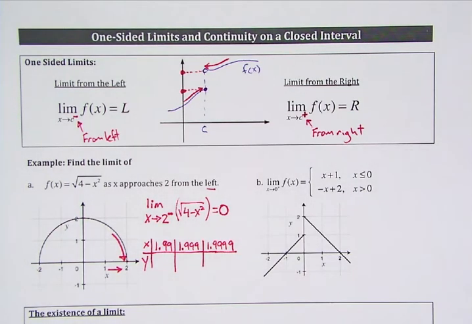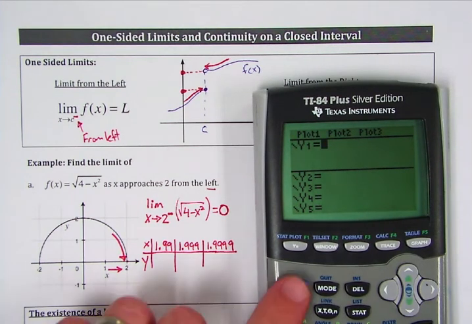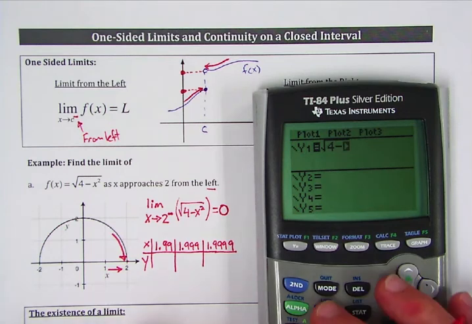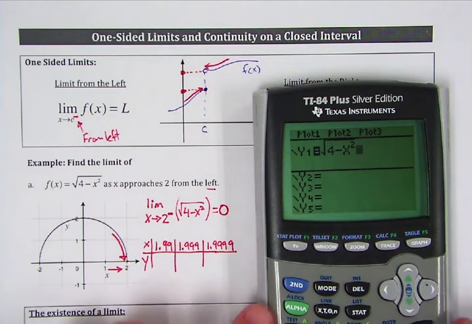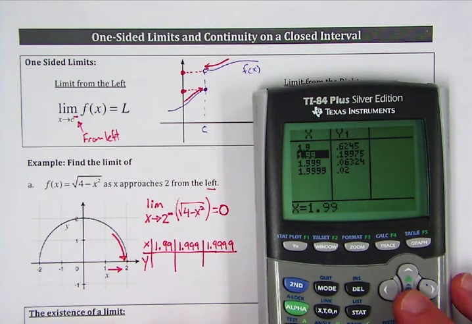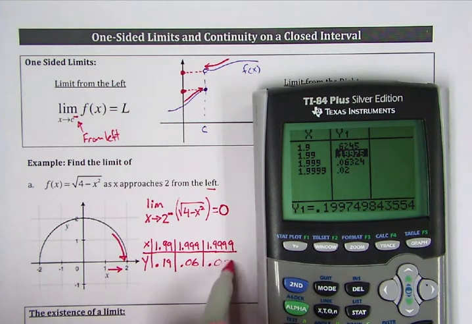So we can put this into our graphing calculator. We have the square root of 4 minus x squared, and we'll go to our table. We can see 1.99 gives us, rounded, 0.19, then 0.06, 0.02.